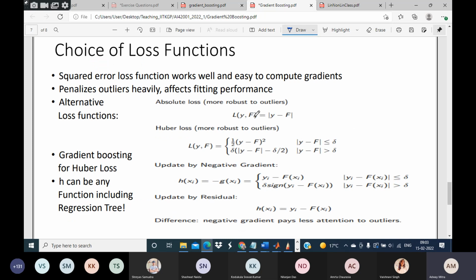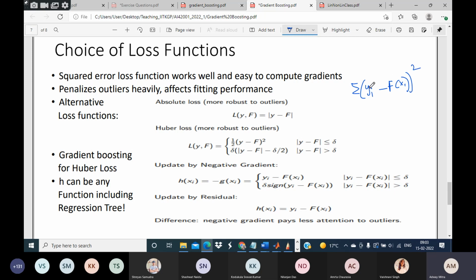There are two other loss functions which people use. One is the absolute loss, another is the Huber loss. One reason why people choose these kinds of loss functions is that they are more robust to outliers. Take the squared error loss function.